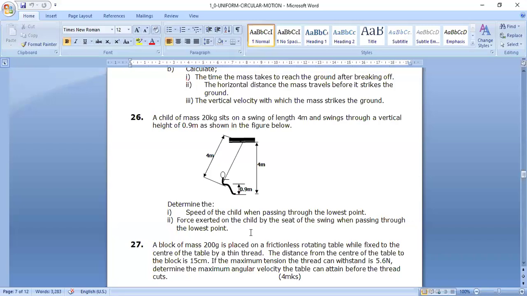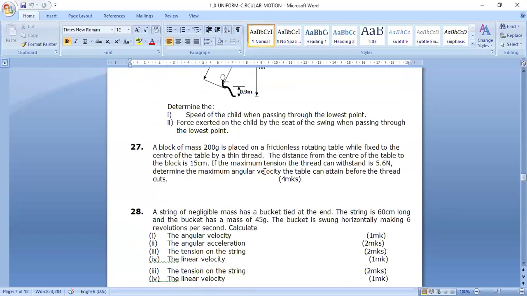Working out, we have 5 times 4.243 squared plus 200. So I'm getting 290.02 newtons. So that's the force exerted by the seat on the child. So it's just an application of circular motion in a different way.